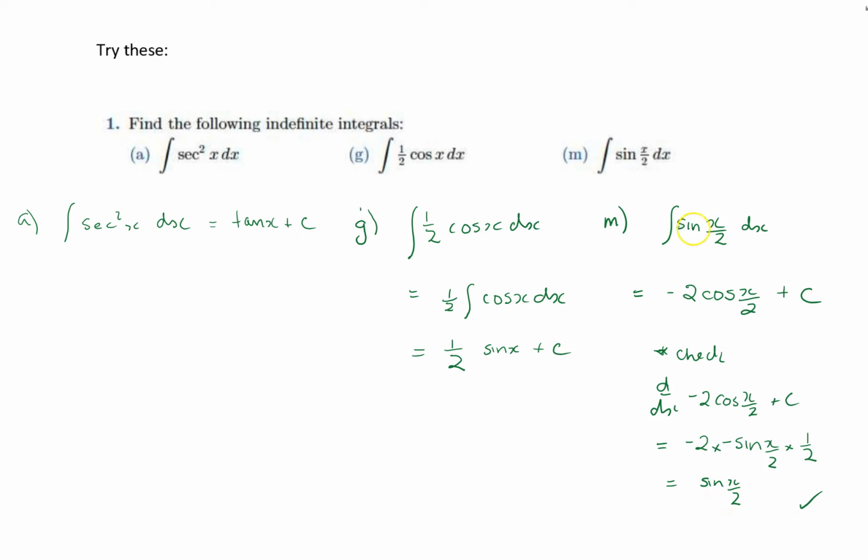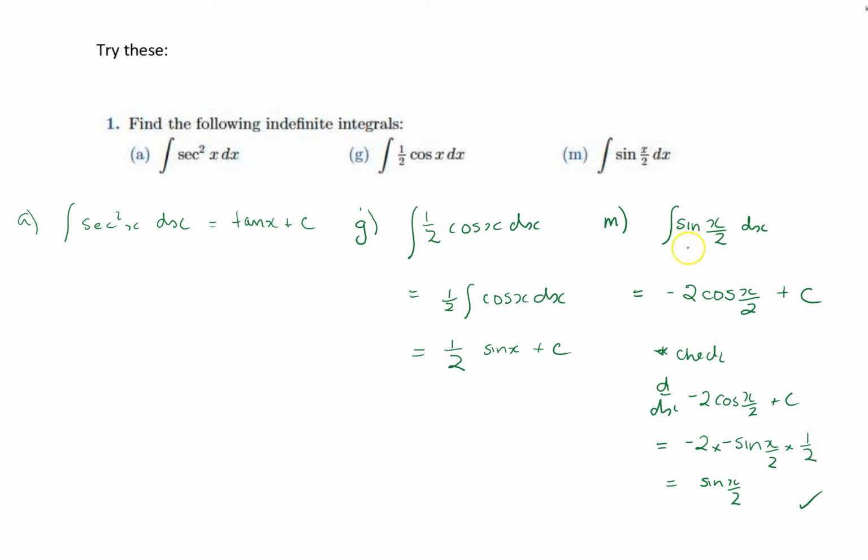The next one is sine of x on 2. Now, to start with, we know that cos differentiates to minus sine. So we would have really liked a minus sign here. And we know that you would have to differentiate x on 2, which would introduce a half.